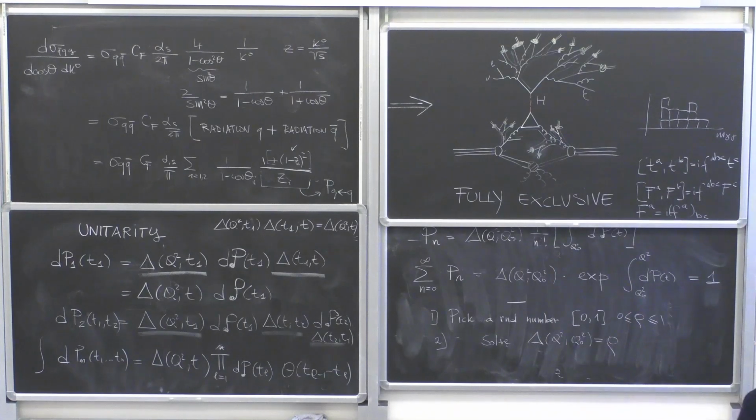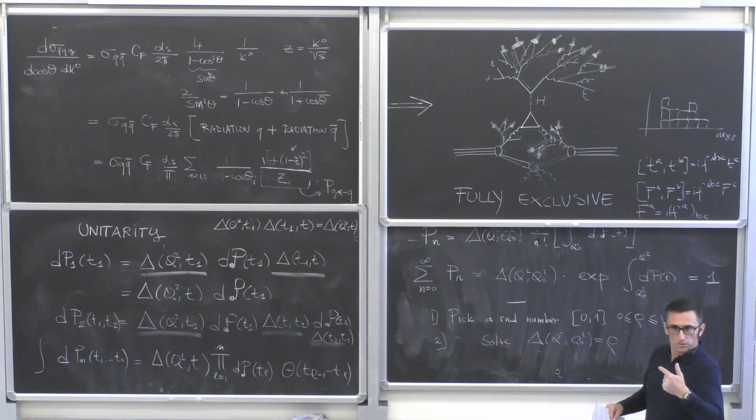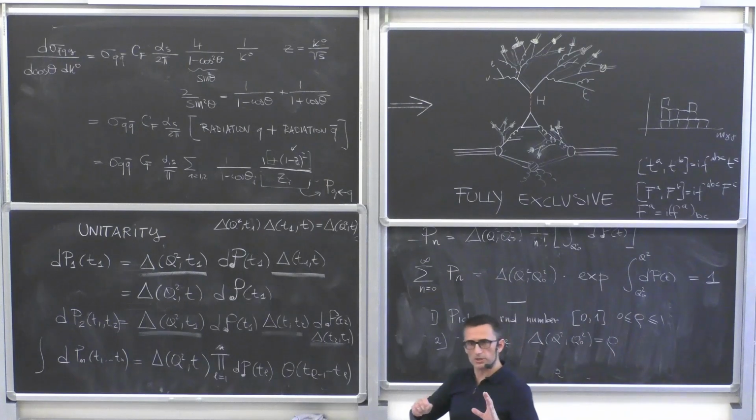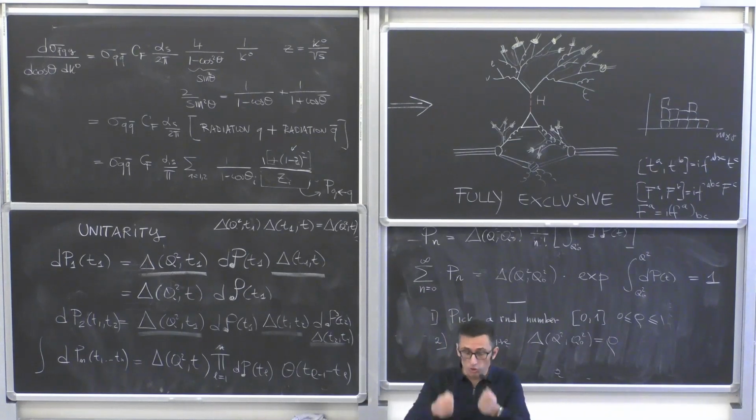Remember, you want to generate a probability of branching, so what you need is to invert the primitive of your PDF. If you want to generate a random variable following a given distribution f, what you have to do is calculate the integral of f in a generic way, the primitive of x, and invert that, and throw a random number through the inverse of that primitive, and then you get the value which is distributed as your function f.